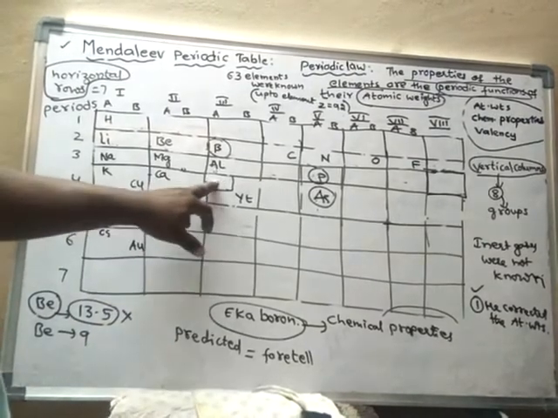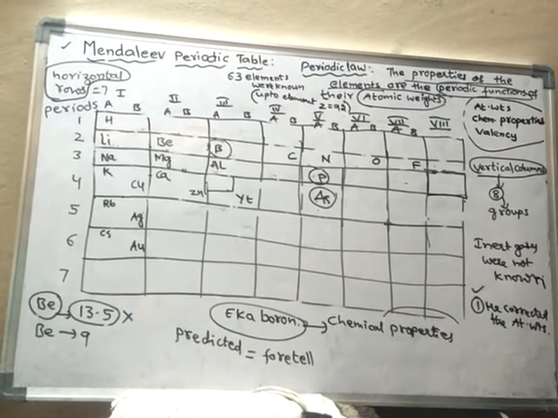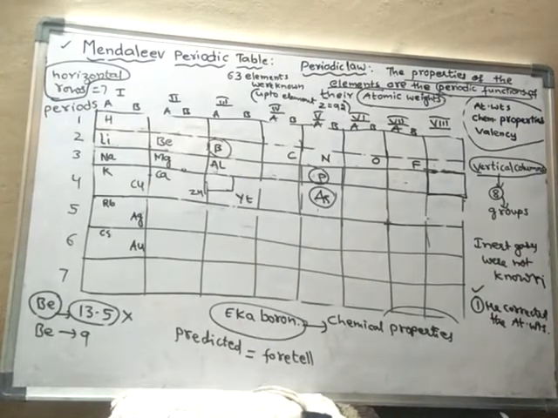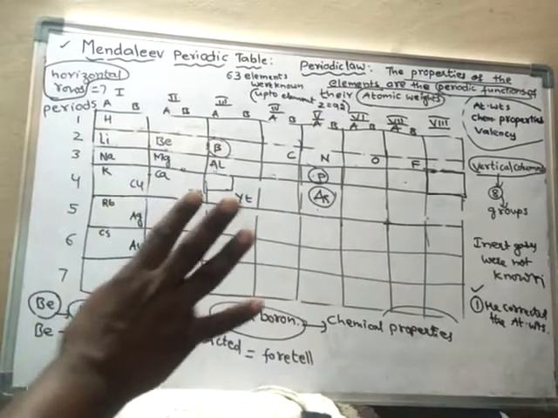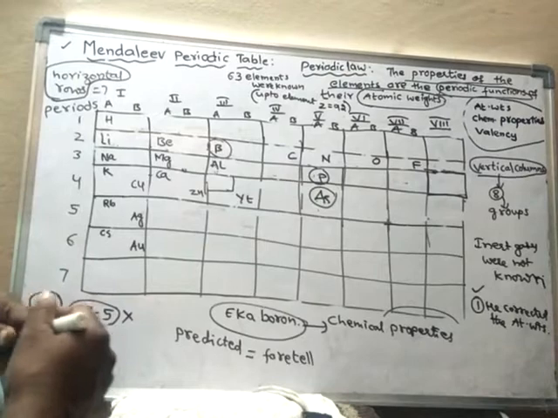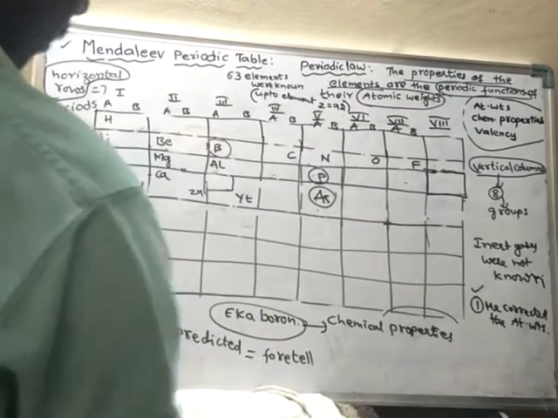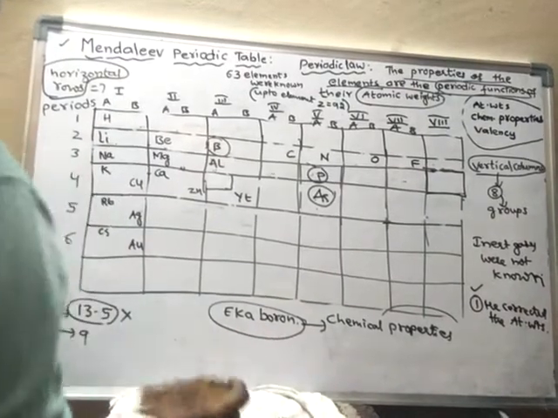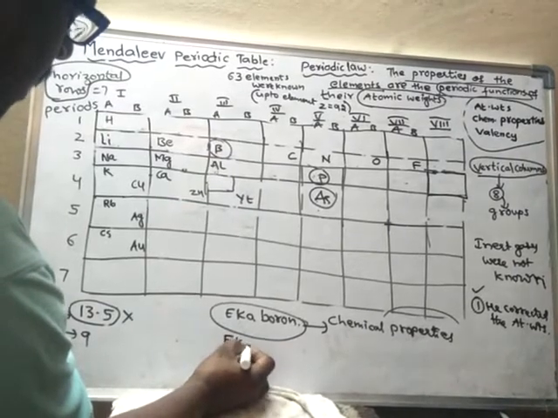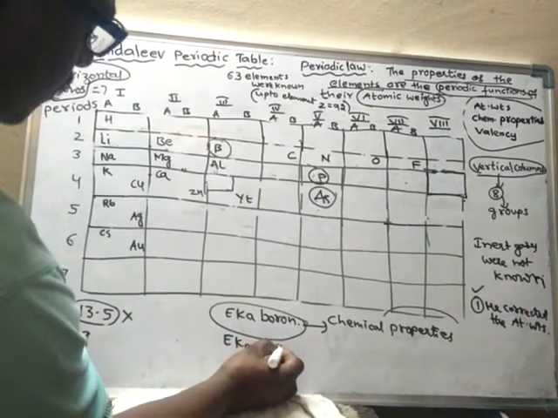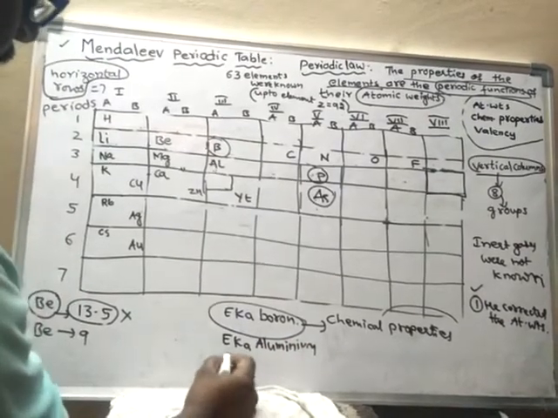That means there are so many missing elements in his periodic table, but he gave names to those elements, particularly to the three gaps, or the three missing elements. He has given the names temporarily: Eka boron, Eka aluminum, and Eka silicon.